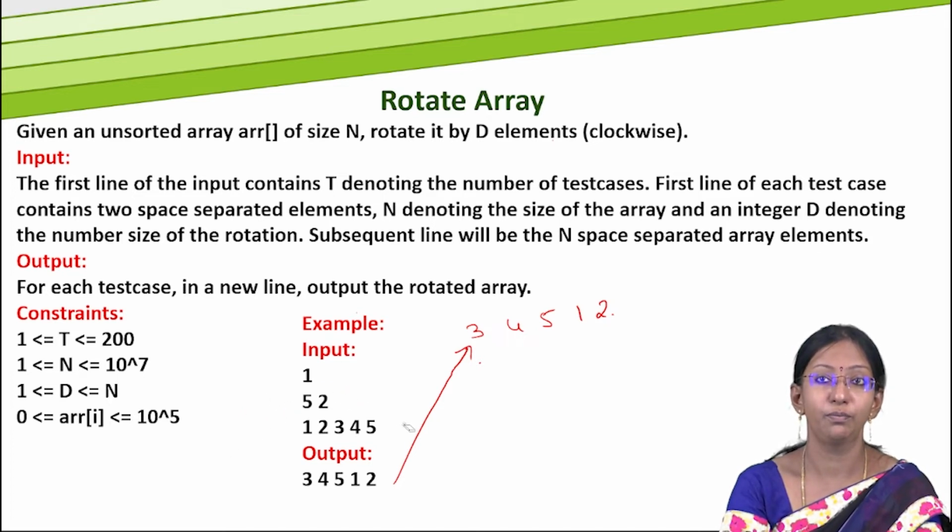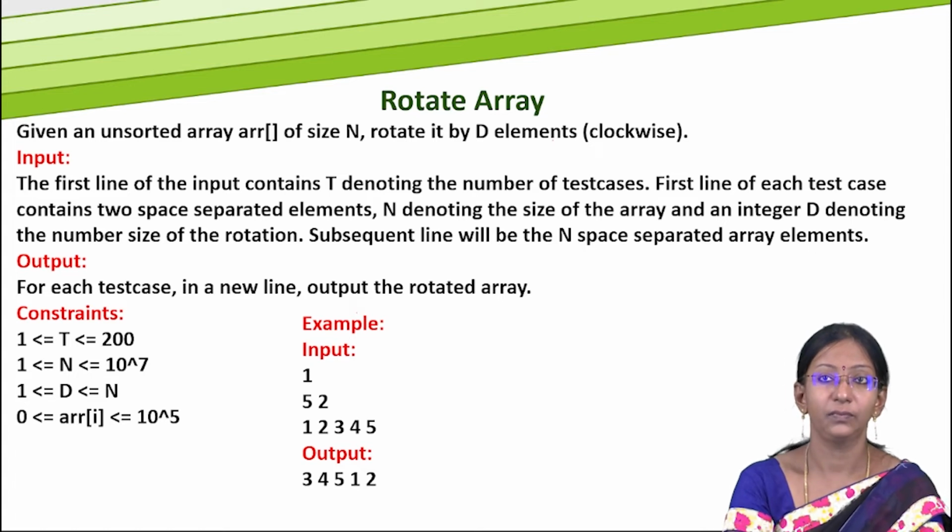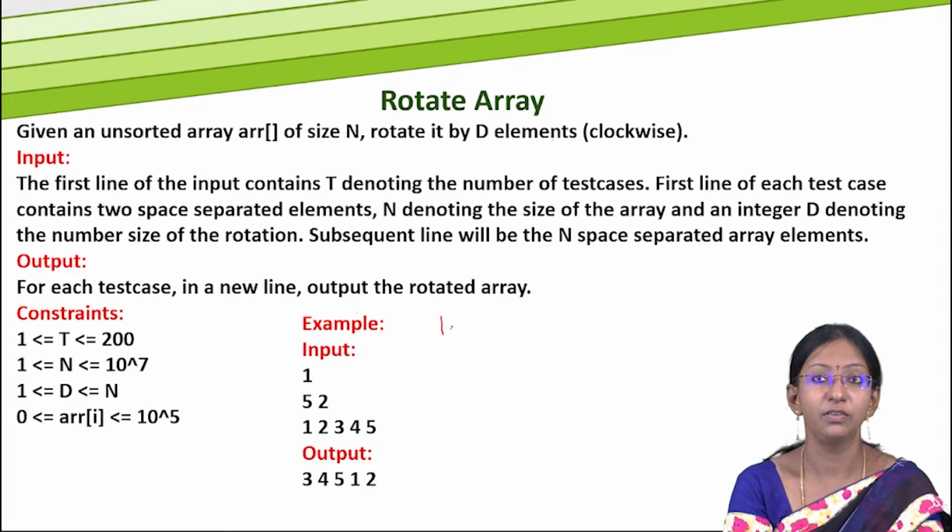The first and foremost thing that I would advise students is, first of all, read the question, understand the question, and make a note of the points which you understand. First one is what input he is asking for and what is the type of input. And the second point is what output he is expecting.